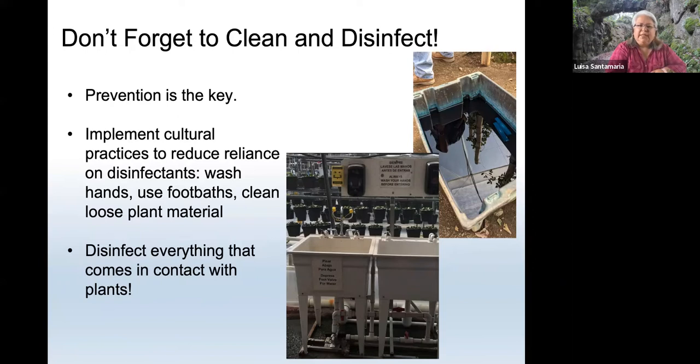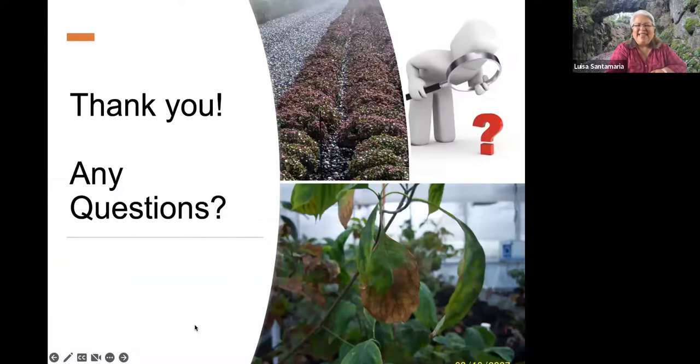All the surfaces that are going to be in contact with the plants should be cleaned and disinfected. That would be the best protocol to follow, especially when you're doing propagation. And clean and organized will always be the best preventive action for me. Thank you.